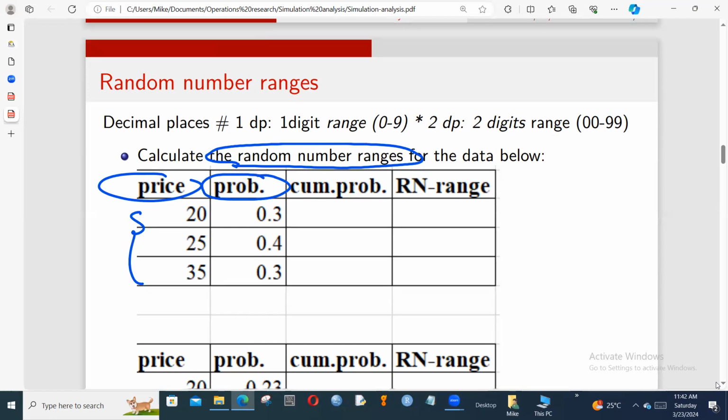The price here has 3 outcomes, 20, 25, 35, and the probabilities for each of those outcomes are given. From those probabilities, we can create the cumulative probability. Then with the cumulative probability, we can create the random number range. We have said the random number range must be created before we are able to carry out the simulation analysis.